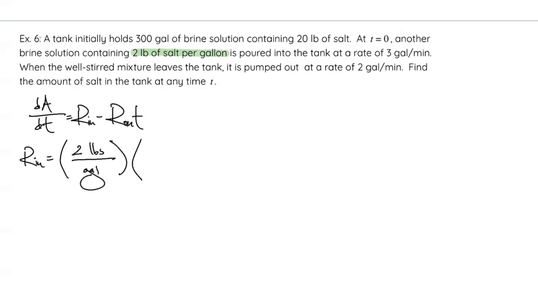And the rate that it's coming in, 3 gallons per minute. And when we multiply those, the gallons cancel, and we're left with an in rate. Salt is coming in at 2 times 3, which is 6 pounds per minute.